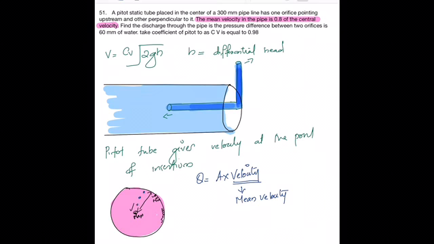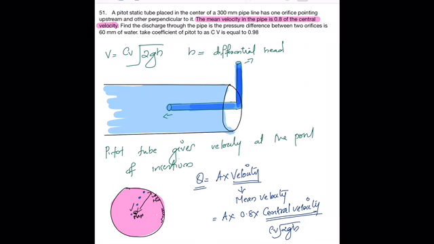The fluid will have different velocities at different points, so while finding the discharge, we have to take the mean of these different velocities. And here they have said that the mean velocity is 0.8 times central velocity. The central velocity will be obtained from the equation Cv root 2gh. I hope that is clear.